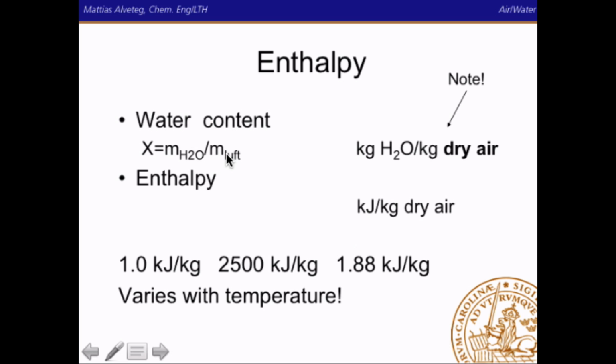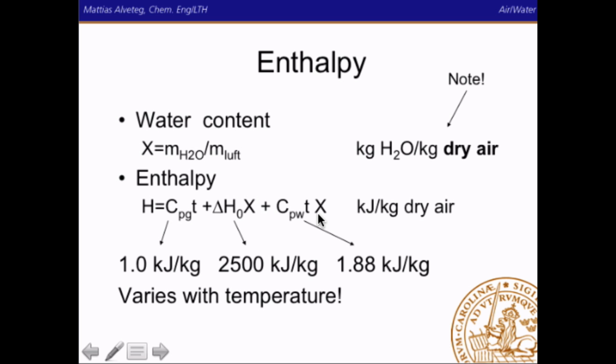The enthalpy, if we first evaporate and then heat, we get this equation, where this Cp here is the heat capacity for dry air, simply times the temperature in Celsius, using 0 degrees Celsius as a reference temperature, and 2500, that's the evaporation enthalpy for water at 0 degrees Celsius, times the water content. And then we heat the evaporated water, so we take the heat capacity for water times the temperature in Celsius, since we use 0 degrees Celsius as the reference temperature, and then times the composition.